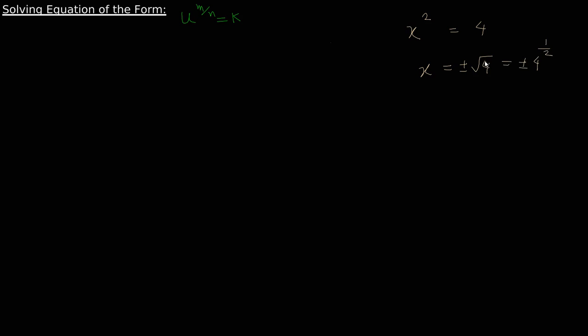This is exactly the same as the square root. Now look at one thing: I can say my power is x power 2 over 1. So you see what happened here: the numerator 2 became the denominator 2, and the denominator 1 became the numerator 1.